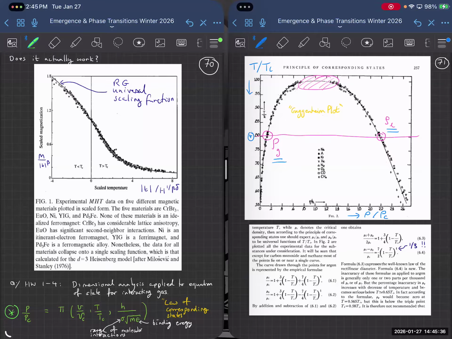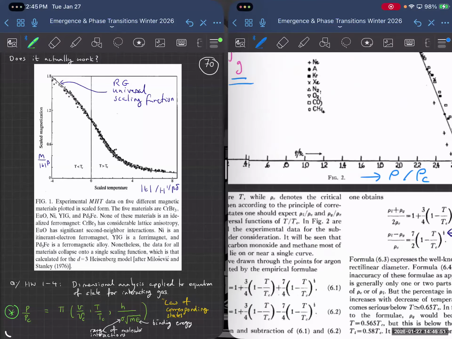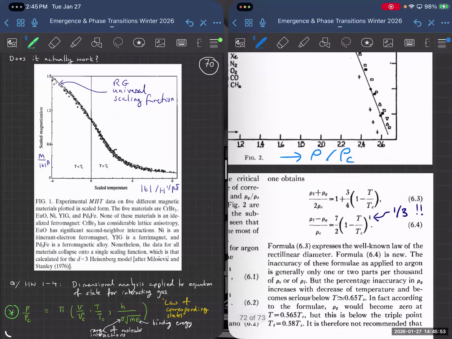Now there is something super interesting about this curve. It was discovered by Guggenheim in 1944, and if you look at the bottom, let me expand it without blowing up my iPad. There we go.